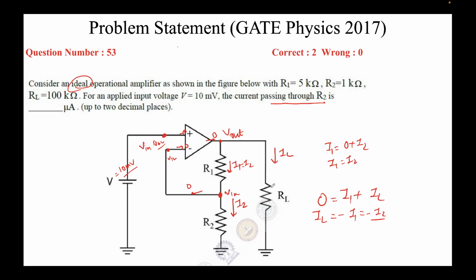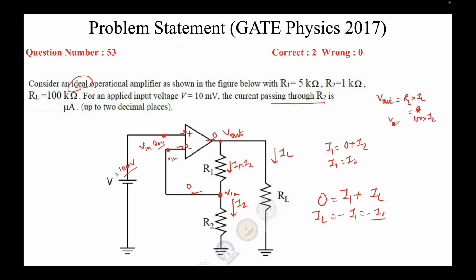So now let's apply Ohm's law across this resistor. So we will get V out equal to RL times IL. Okay, RL times IL. So RL we know is 100k and IL is I2, nothing but I2.